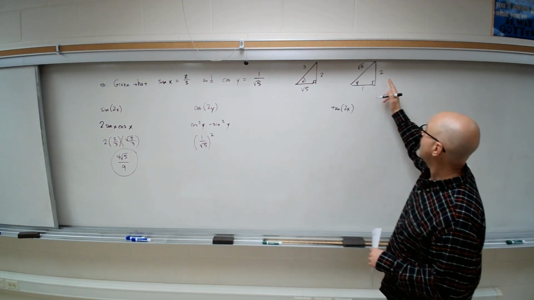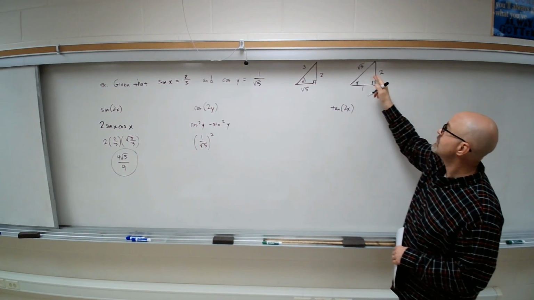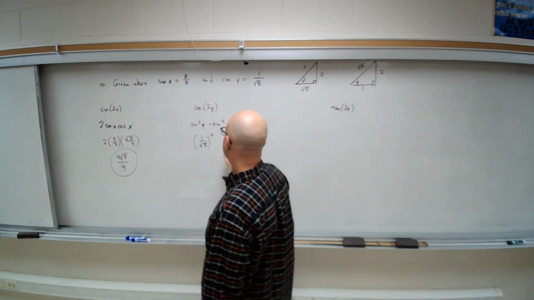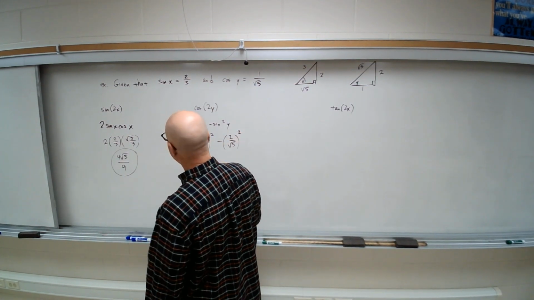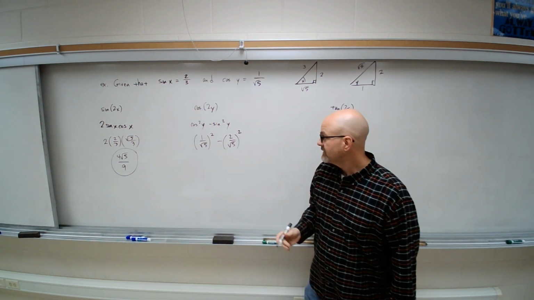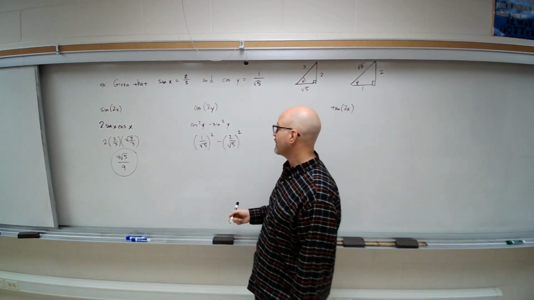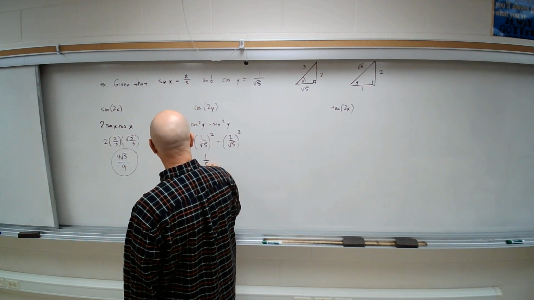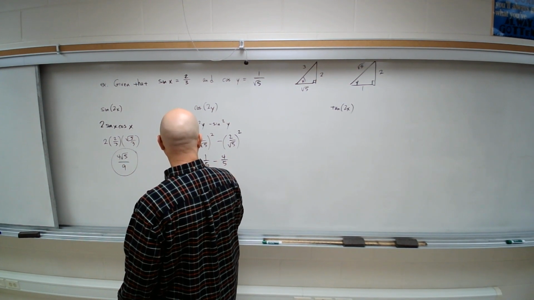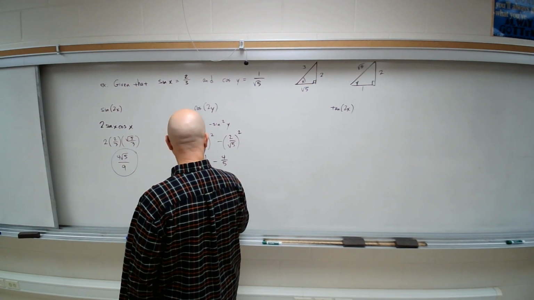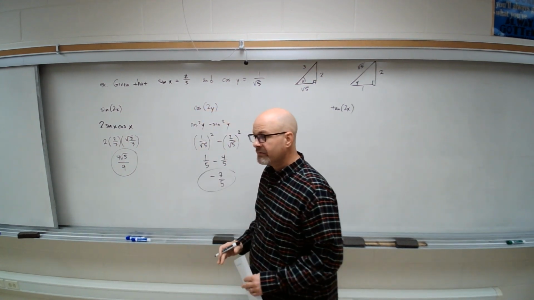And then from this triangle, we see that the sine would be 2 over radical 5. So minus 2 over radical 5 squared. Square both of them, so you get 1/5 minus 4/5, and that gives us negative 3/5.